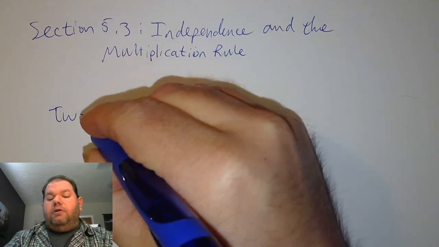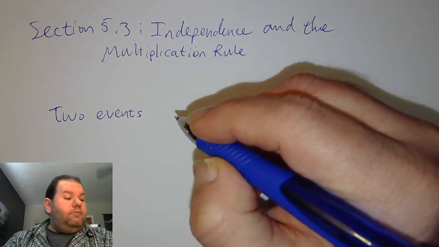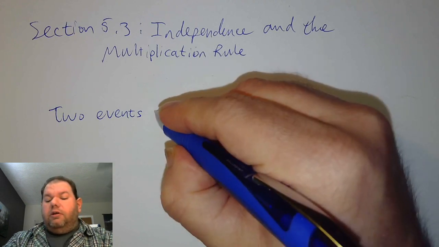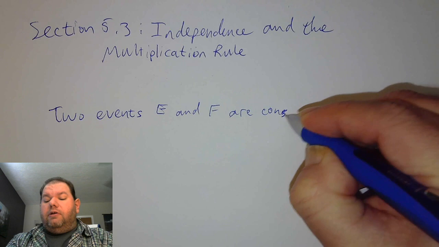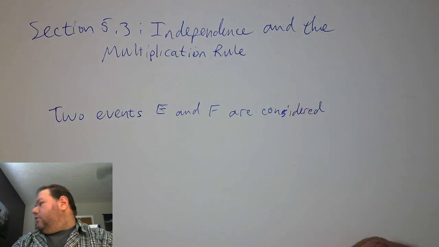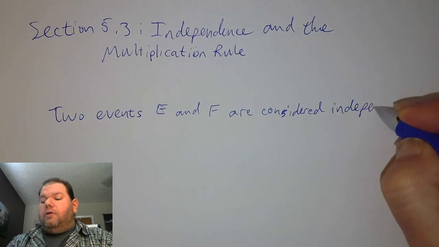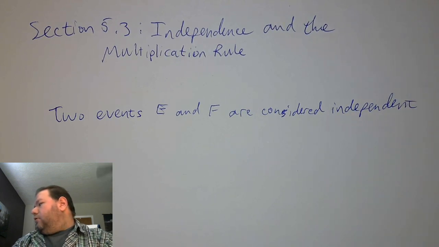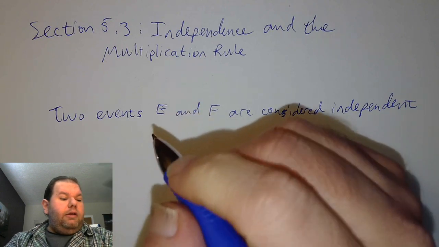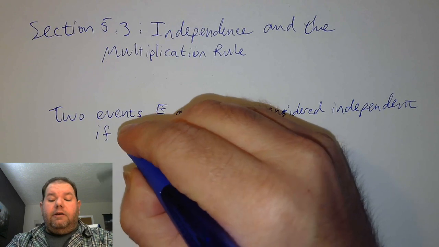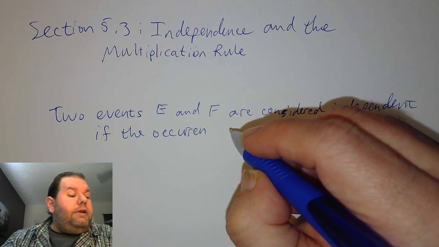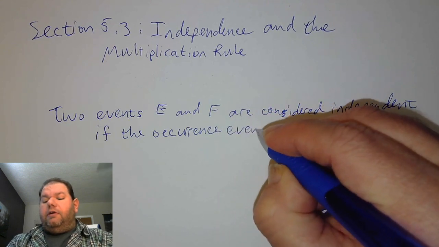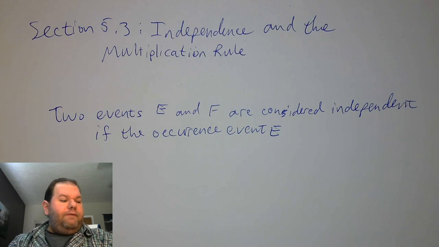So two events, let's call them E and F, are considered independent if the occurrence of event E does not affect the probability of event F.